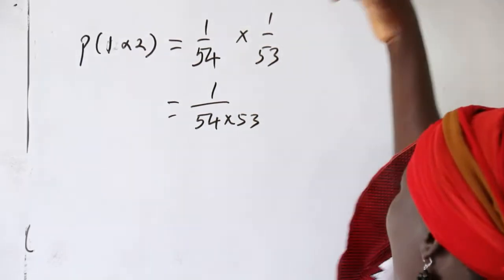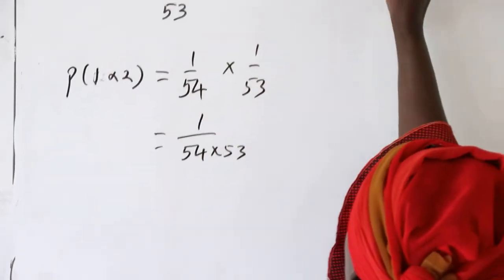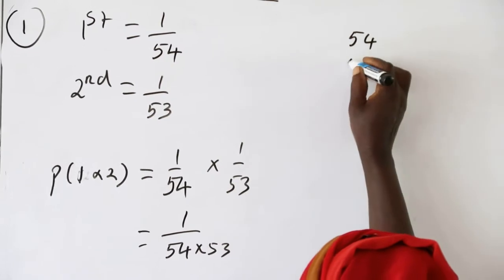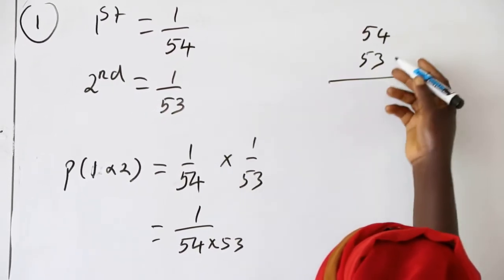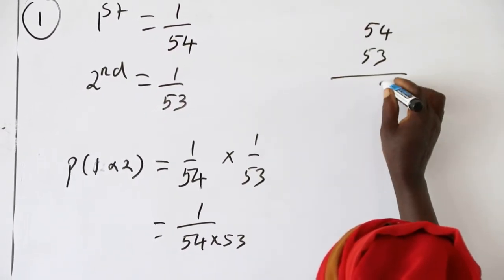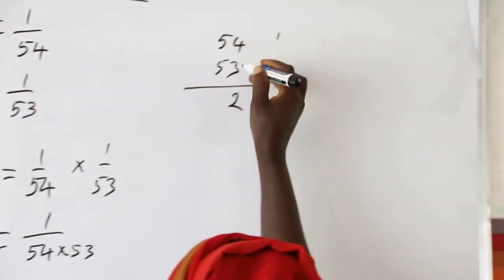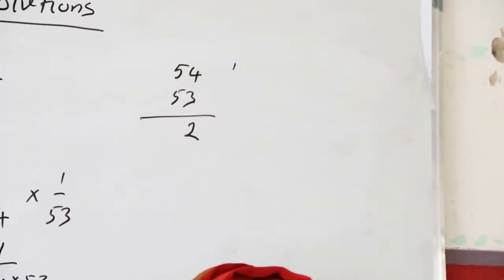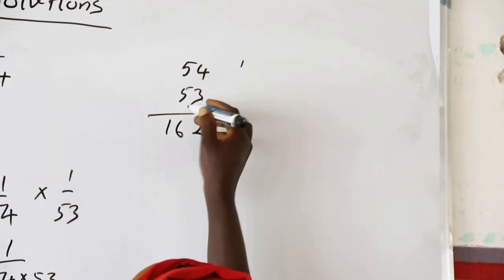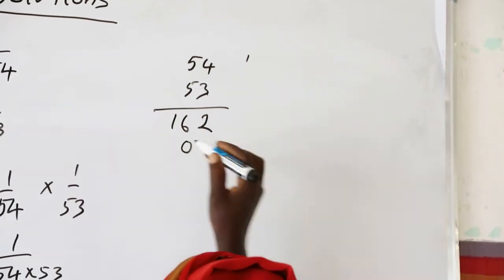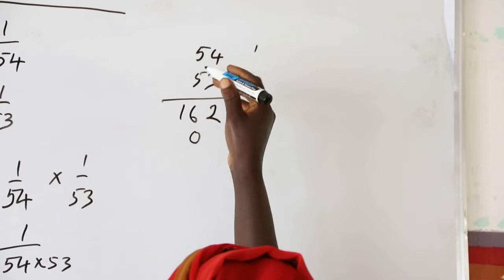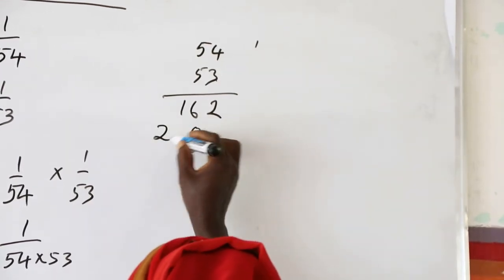Just our traditional multiplication, 54 times 53. So 3 times 4, we have 12, 2 carry 1. 3 times 5, we have 15 plus 1, we have 16. 5 times 4, we have 20, we have 0 carry 2. 5 times 5, 25 plus 2, 27.